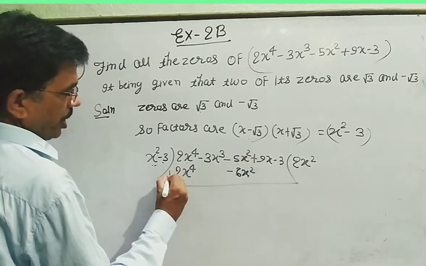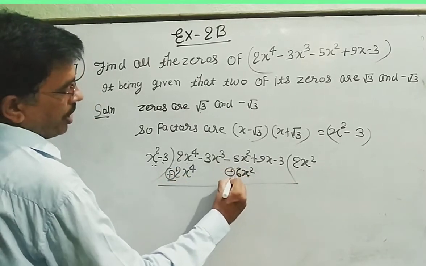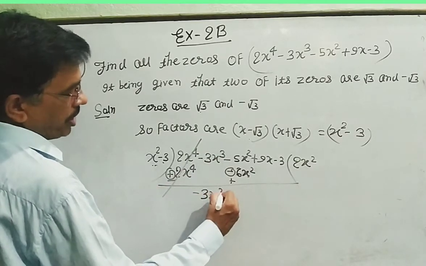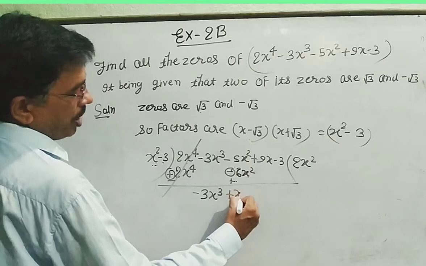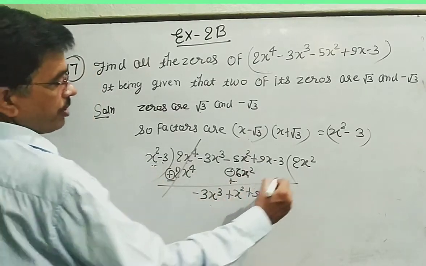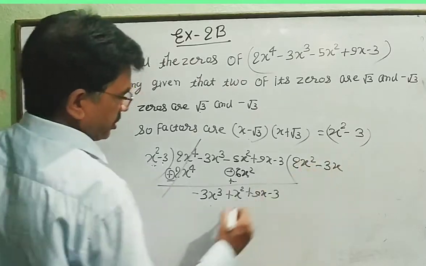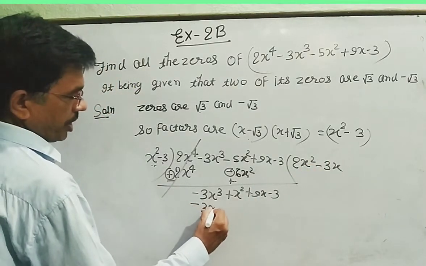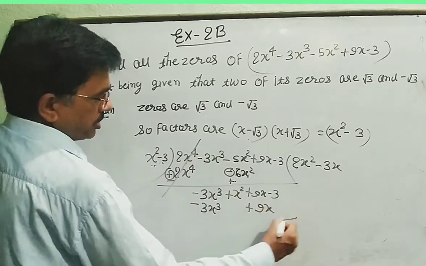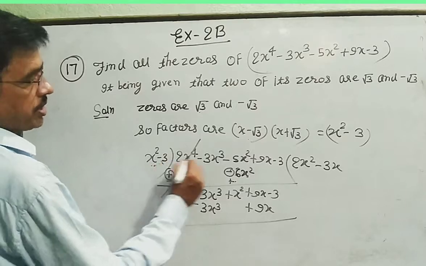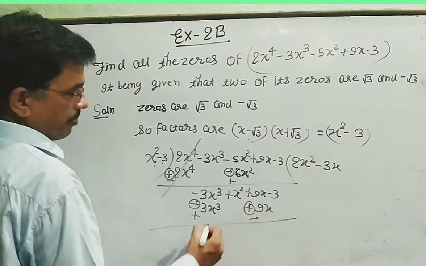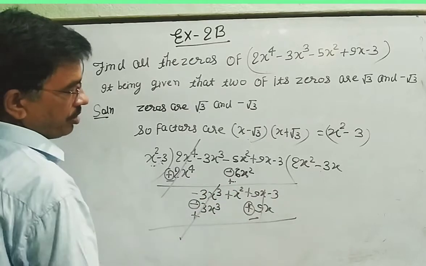Here the signs change and it is cancelled. Now we write 3x to the power 3 and x square, and here is 9x minus 3. Now for 3x cube, write minus 3x. So here is minus 3x cube and plus 9x, and minus 3x and minus 3 gives 9x. It is minus, then you write plus. It is plus, then you write minus. It is cancelled. It is also cancelled.